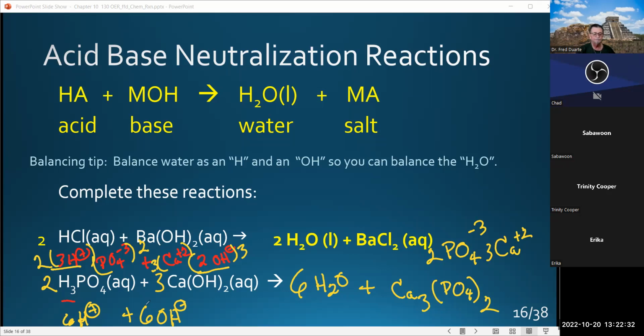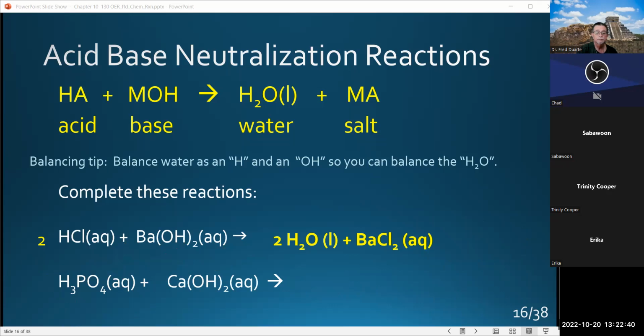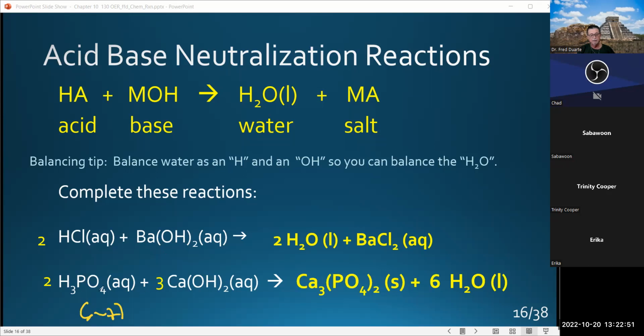Okay, let's go check. We say here we got 6 hydrogens on the reactant side for phosphoric acid, and then we have 6 coming in the form of calcium hydroxide.